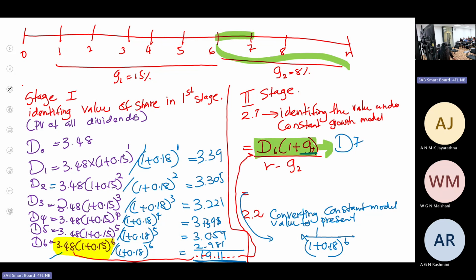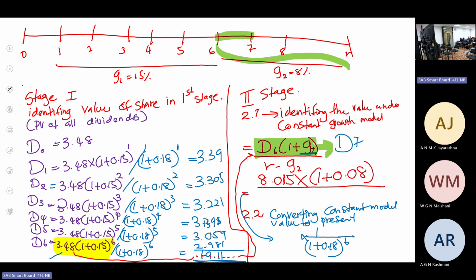So here, how much is it? 8.01, 8.05. Multiplied by 1 plus growth rate 0.08.